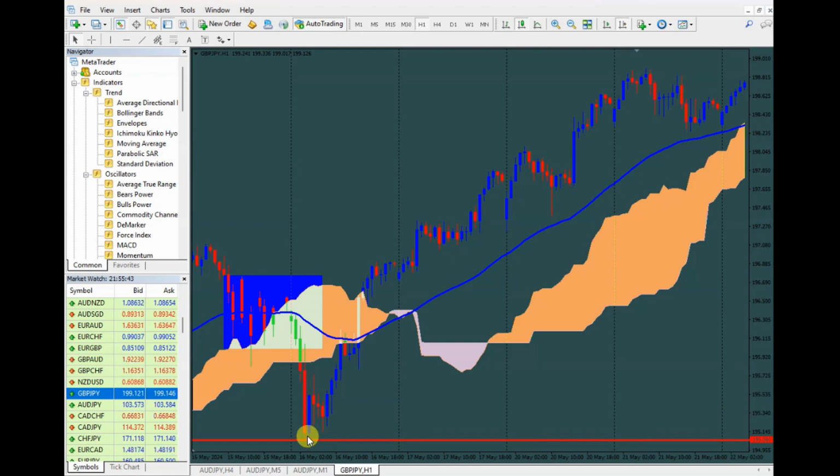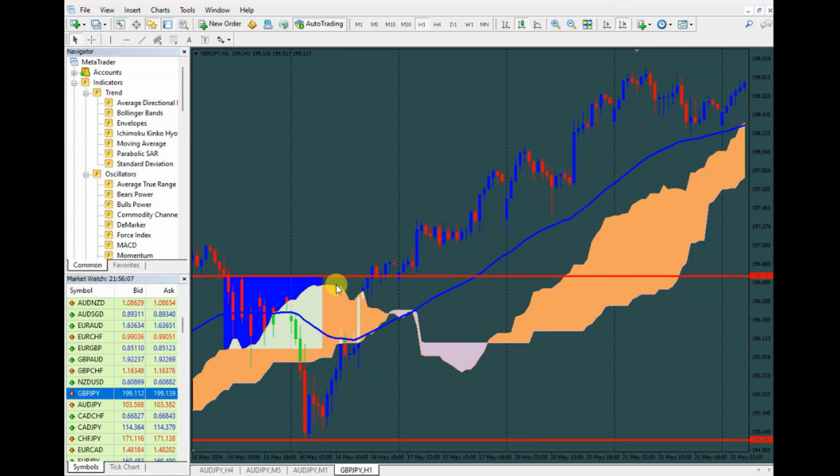So here, we can see clearly that this did not meet our criteria. So we see the price break above this candle first, and this is the second candle which breaks above the cloud. So what do we do? We take our horizontal line and we mark this candle.